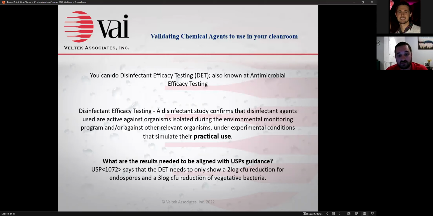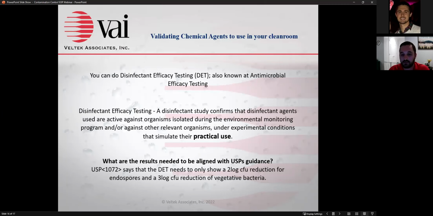So really the definition of it is a study that confirms that disinfectants used against specific organisms are effective in a practical sense, so practical use. And really what that means is clean rooms are a specific environment. They get a lot of airflow changes. Long contact times might not be needed, and might be overkill.